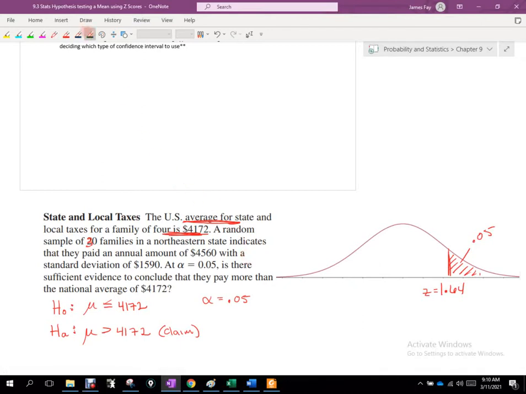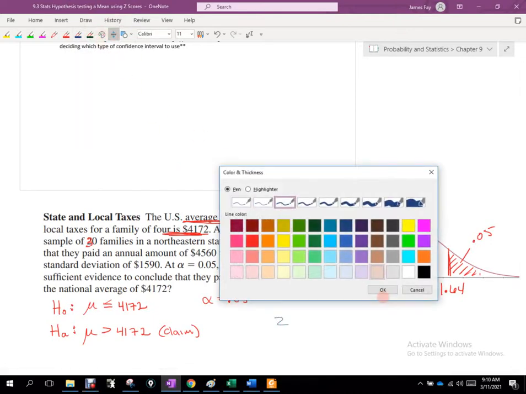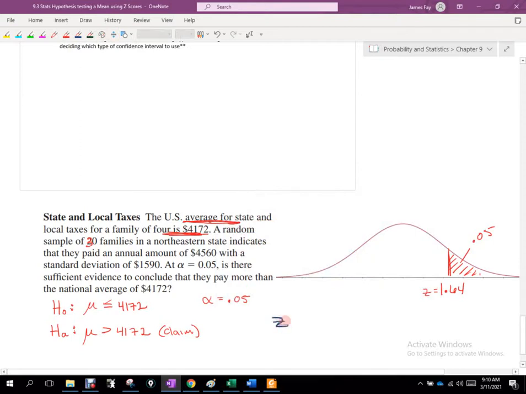Now we've got to look at our data. To find our z-score, we are going to take x bar minus mu over sigma divided by root n. This will be the same formula until I tell you otherwise. We've seen this before. X bar is your sample mean.